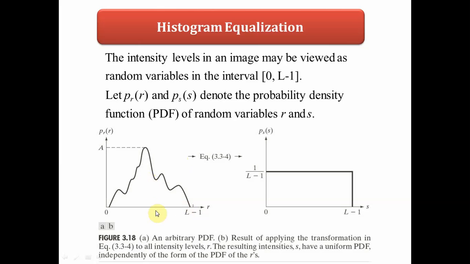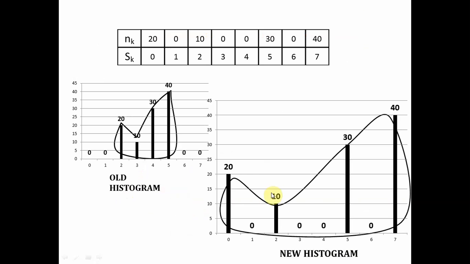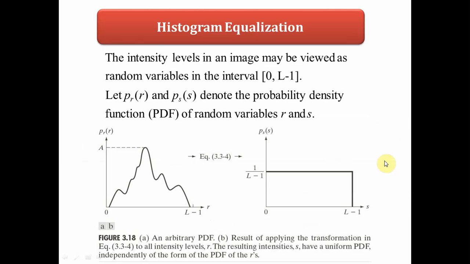Now you are considering an image with an arbitrary PDF. The actual histogram you will find like this, it does not contain a uniform shape. It is increasing, decreasing, increasing, decreasing.